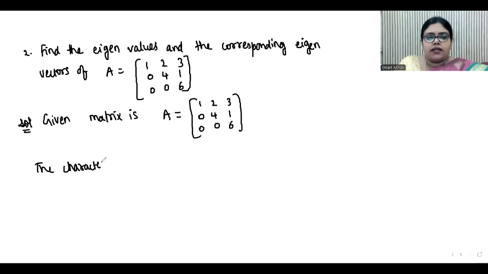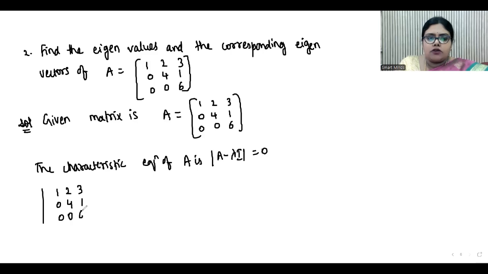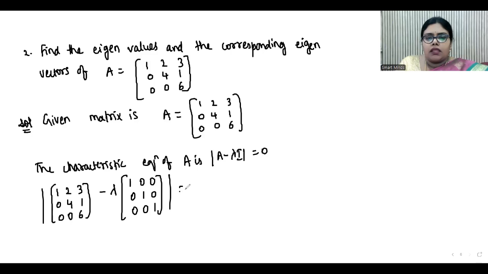Now let us find the characteristic equation. The characteristic equation of A is the determinant of A minus lambda I equal to 0. So the determinant of the matrix A with rows 1, 2, 3; 0, 4, 1; 0, 0, 6, minus lambda times the identity matrix with rows 1, 0, 0; 0, 1, 0; 0, 0, 1, is equal to 0.